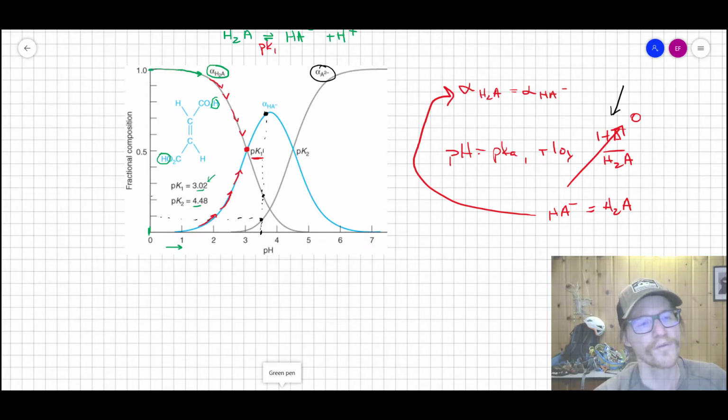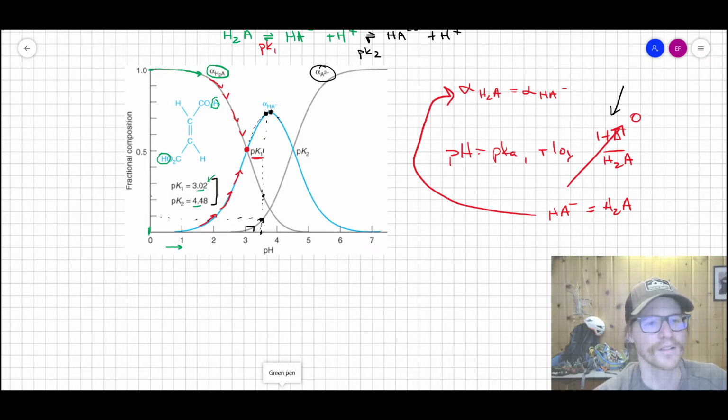Of course, as we move past the first pKa, then we start to grow in this next curve, which is the A2 minus. So that goes to A2 minus plus H plus, where the equilibrium is set by the second pKa. So we start to increase until we get to roughly halfway between the two pKa values.